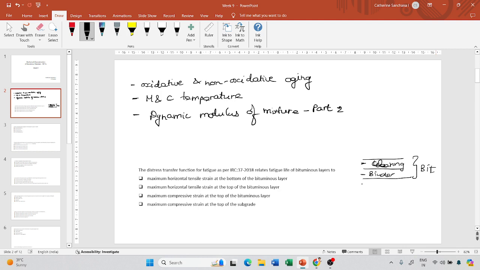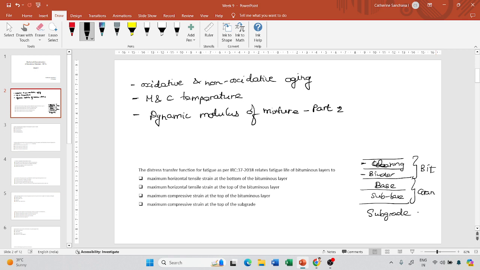These 2 constitute the bituminous layers. Below the bituminous layers, we have 2 layers of granular materials: one is the sub base and the other is the base. These are granular materials, and the bottommost layer is my subgrade, or the foundation soil.